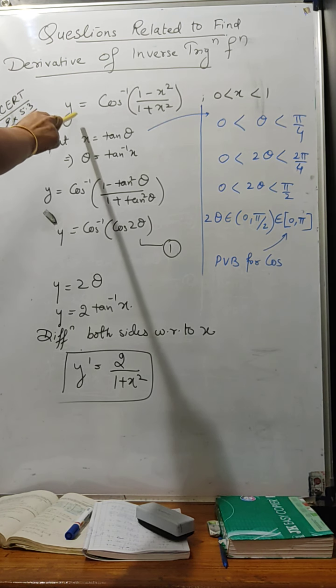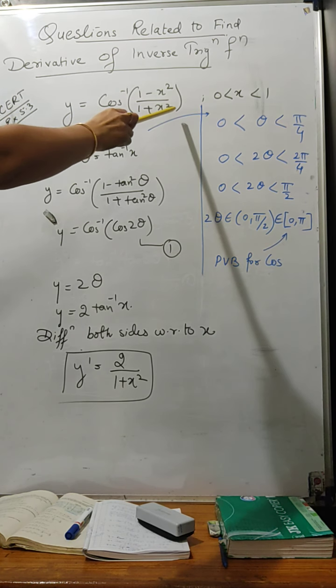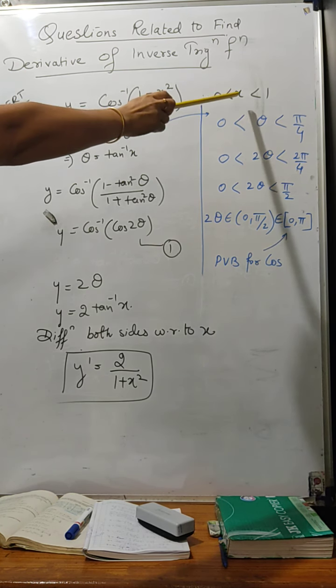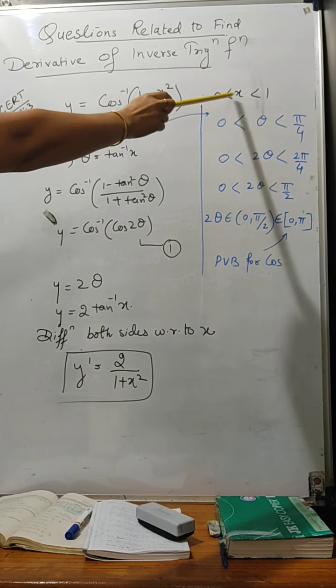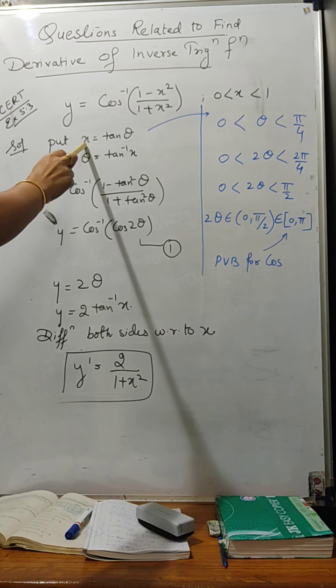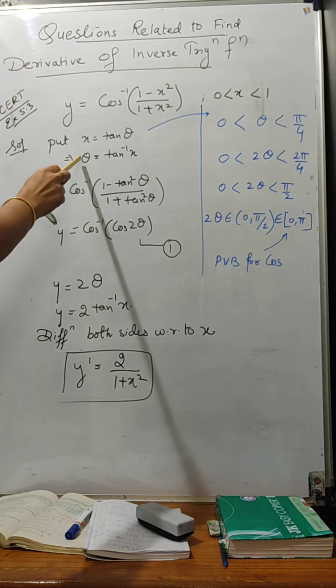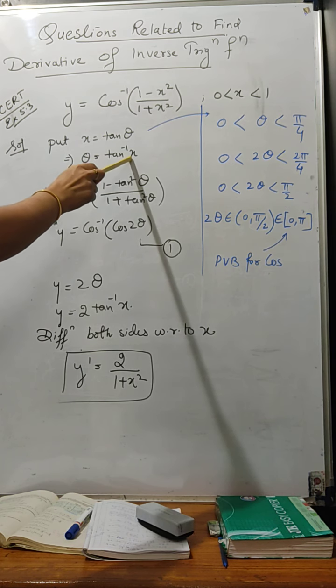The next one is y equal to cos inverse of (1 minus x square) upon (1 plus x square), and here the interval for x is given, x is greater than 0 and less than 1. So again we will substitute x equal to tan theta, which implies theta is equal to tan inverse x.